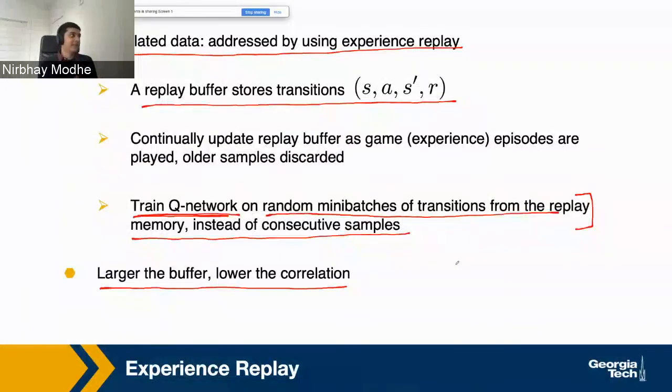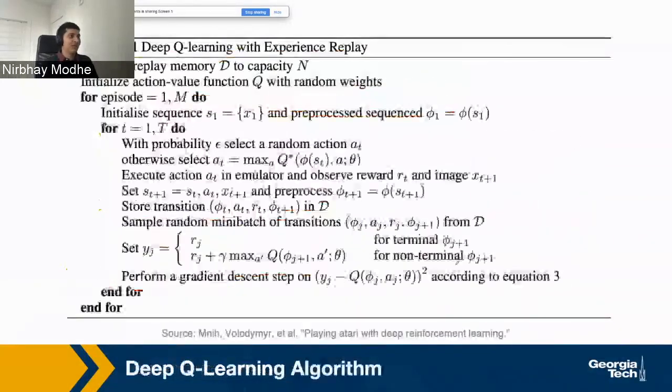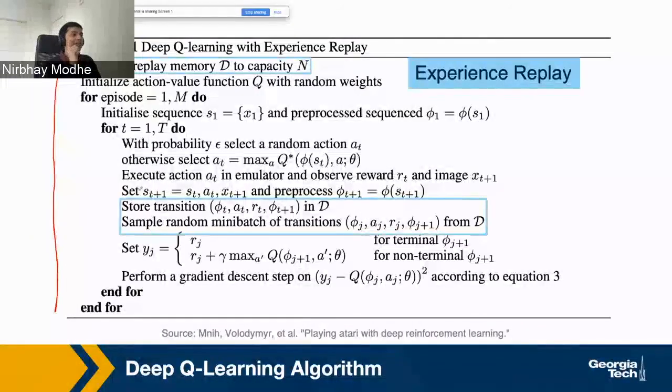Now I've introduced two strategies: one is epsilon greedy and one is experience replay. I wanted to look at the algorithm from the 2013 DeepMind paper, which I've shown in this slide, but I wanted to look at it offline. Don't look at all the procedures written here right now, but I wanted to look at three key components of this algorithm. One is that there's an experience replay buffer being used.